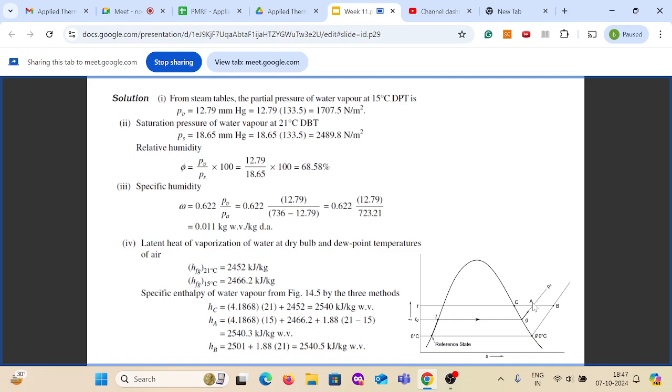So Cp into delta T plus your latent heat at C will give you 2540.